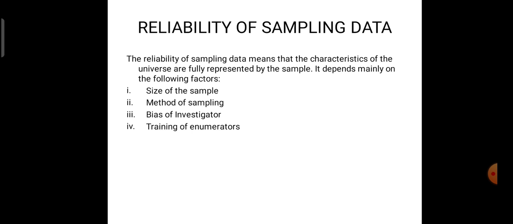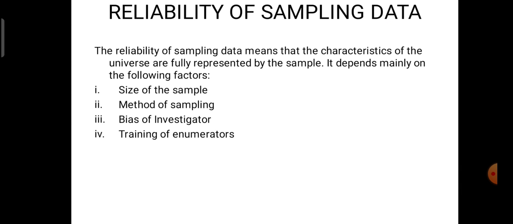Now coming to the reliability of sampling data: how can we check that the data we have included in our sample is reliable? What is reliability of sampling data? See, the reliability of sampling data means that characteristics of the universe are fully represented by the sample. Whatever items we have included in our sample, they fully represent the characteristics of the universe.